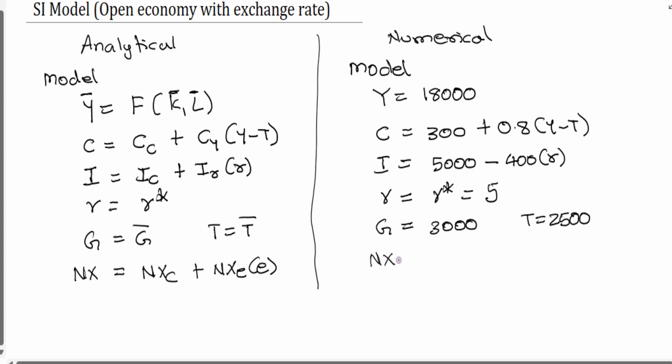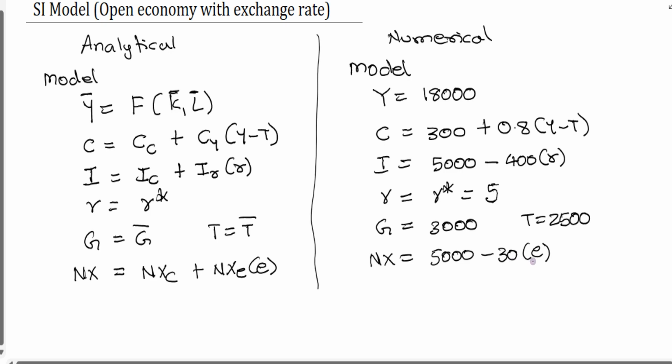Now keep in mind that NX_E is going to be a negative number. So that is, let's say, 30, and the idea here is that every 1 unit increase in the exchange rate E, the NX is going to go down by 30. If it's in billions of dollars, you're talking of $30 billion.